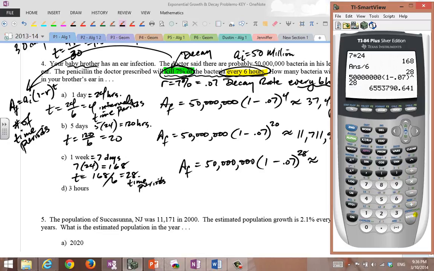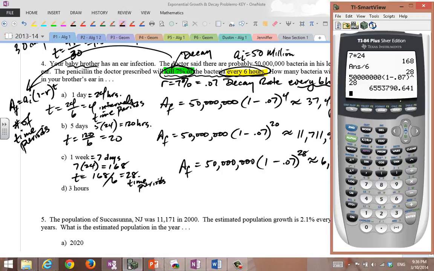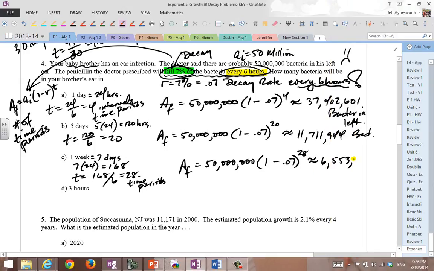Make sure you double check your numbers here. If you are expecting a smaller number, which I am, I better get one. So here it is: 6,553,791. So 791 bacteria. That's after 1 week.